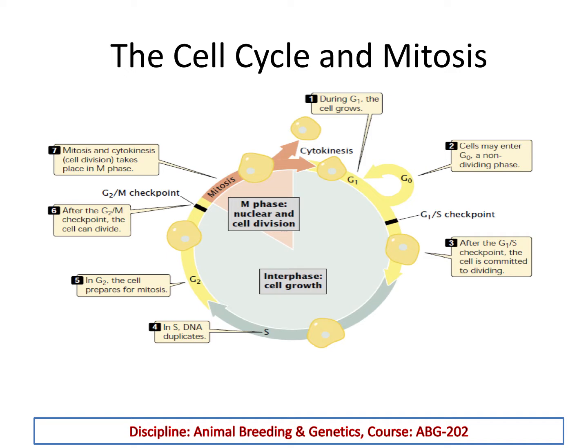Now, in this interphase, the biggest part of the cycle, the next is the S phase. That's where the DNA duplicates. In this, all the DNA, all the chromosomes, the entire genome, is duplicated. Another copy is prepared, and there is a perfect cell machinery that makes sure the exact copy of the DNA is produced.